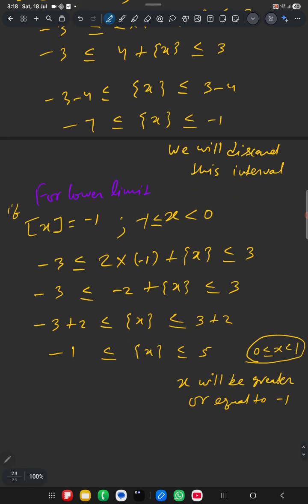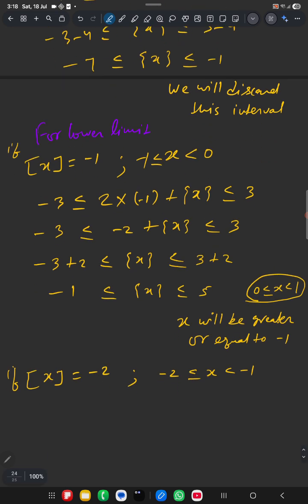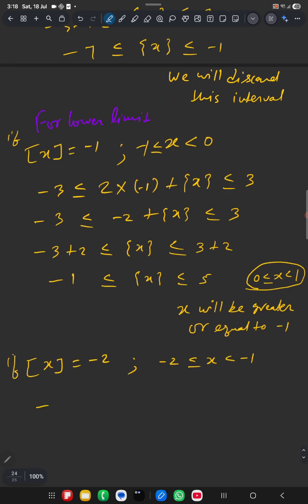Now come to the point where we are going to take a full stop. That point also we have to check. So if the greatest integer value is minus 2, in that case minus 2 less than or equal to x less than minus 1. So in this case what is your inequality? Minus 3 less than or equal to 2 into minus 2 plus fractional part of x, less than or equal to 3.